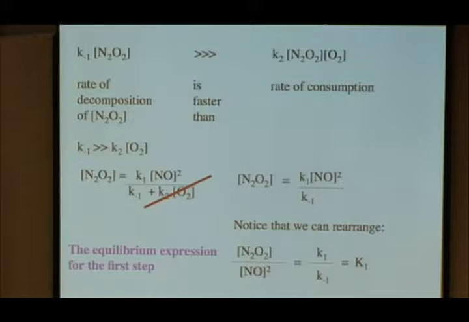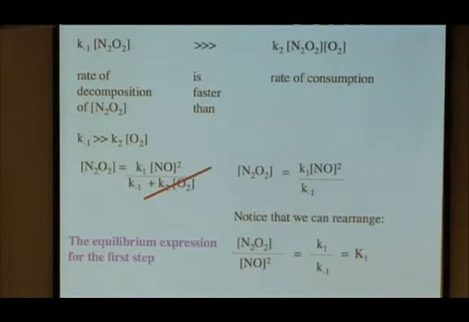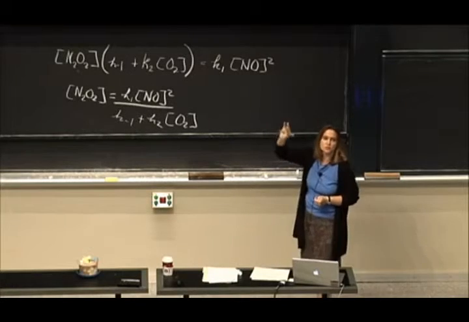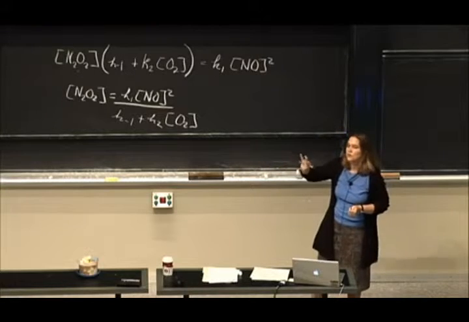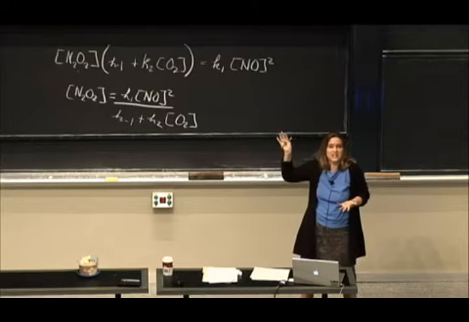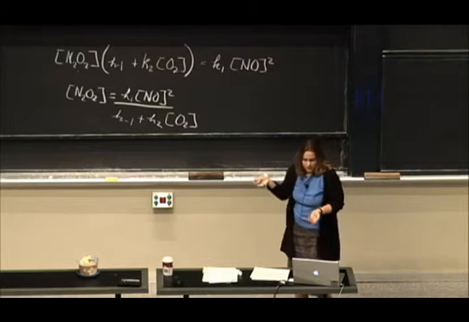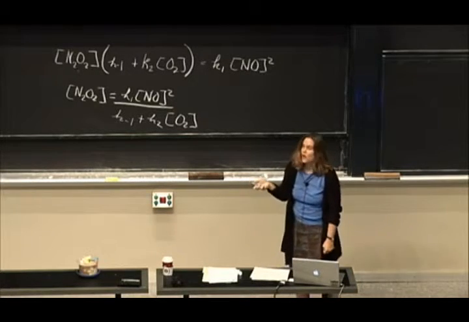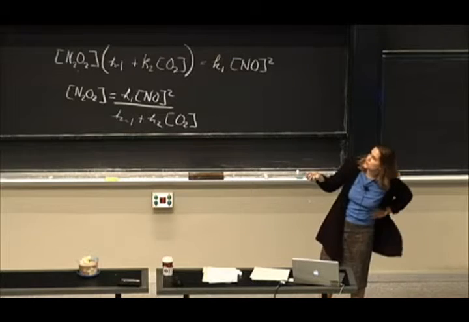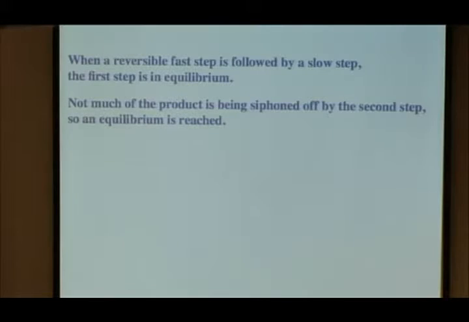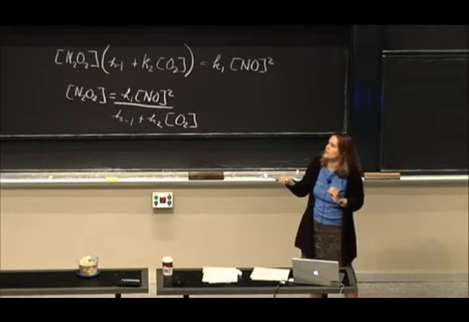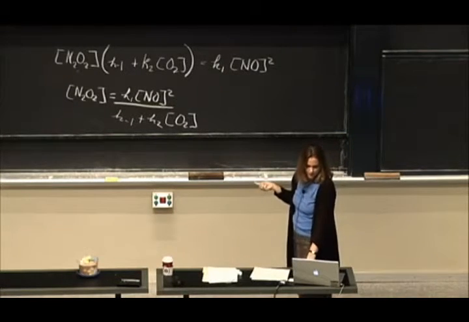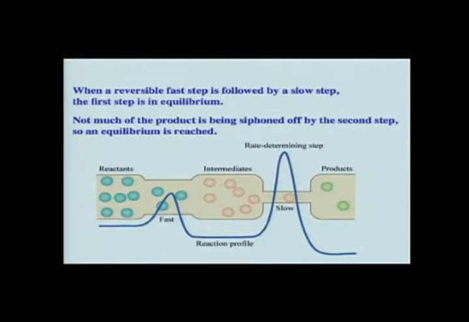So if we have the first step being fast and reversible and the second step being slow, we're saying that the first step is really in equilibrium. What allows us to say that? Well, if you have a fast reversible step followed by a slow step, that means that not much of your intermediate is being siphoned off by the second step, allowing you to reach equilibrium.